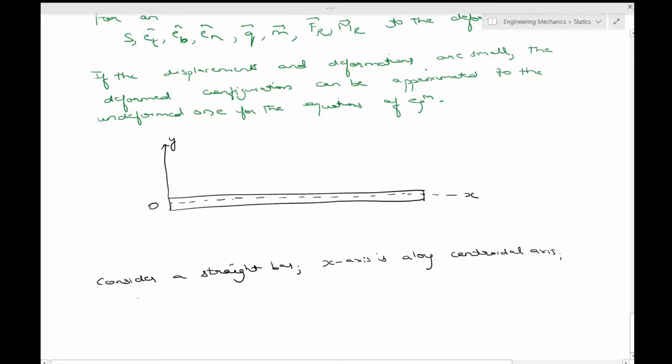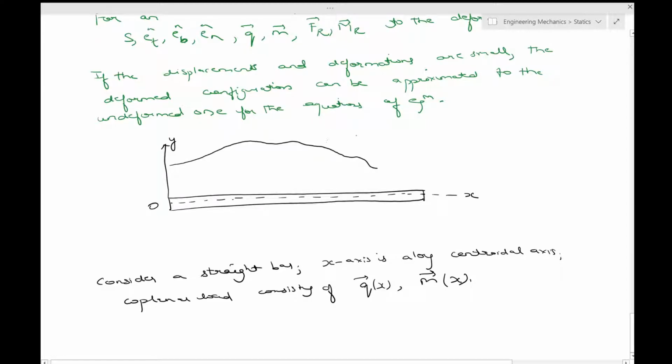There is a coplanar load consisting of Q and M, Q of x and M of x, because we have the x coordinate along the centroidal axis. Let me write what it looks like. Say you have something like this.